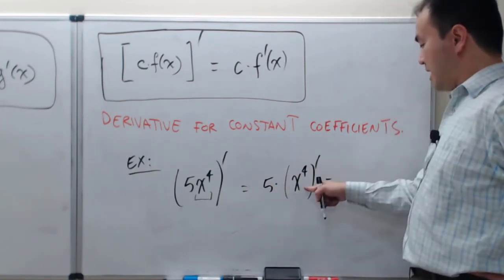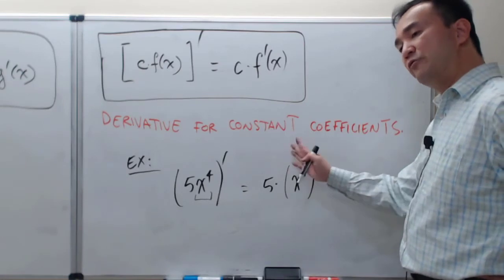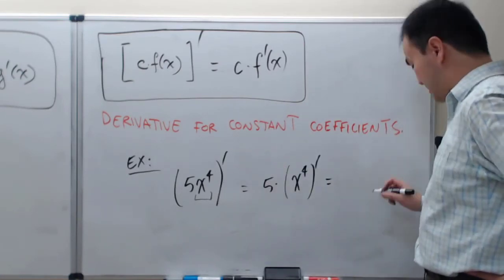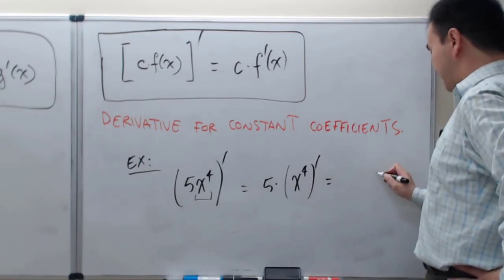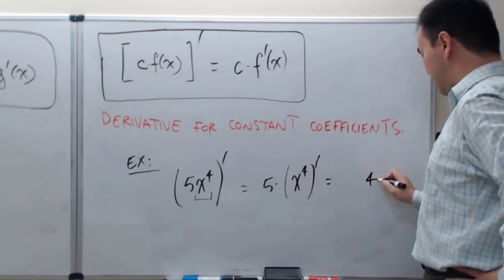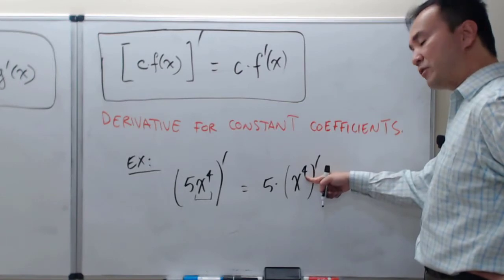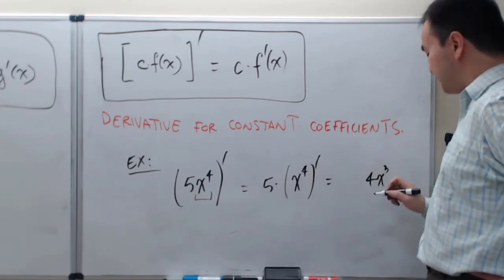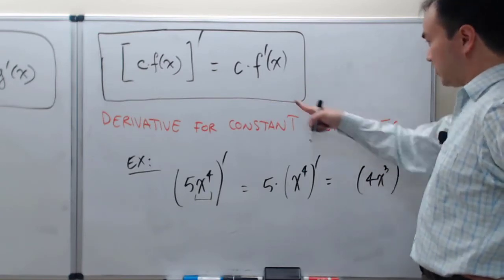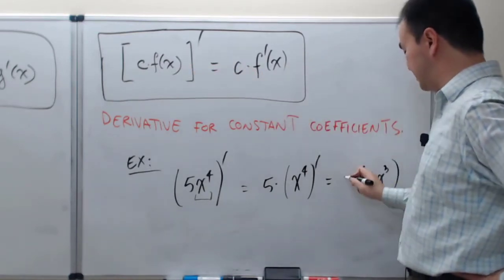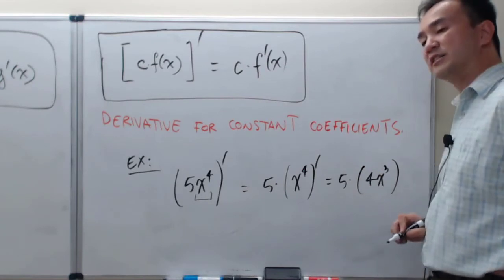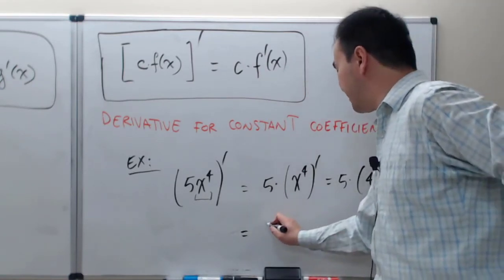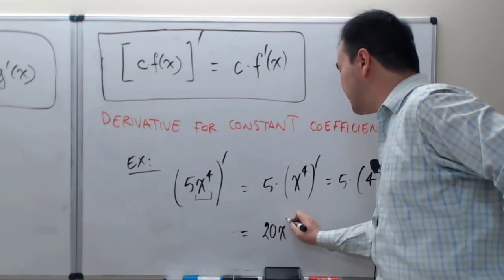So x to the 4th, after taking the derivative, gives 4x, the power was 4 originally, so now 4 minus 1, 4x to the 3rd power. The constant coefficient rule says you just multiply the original constant coefficient back. So your final derivative is 20x to the 3rd power.